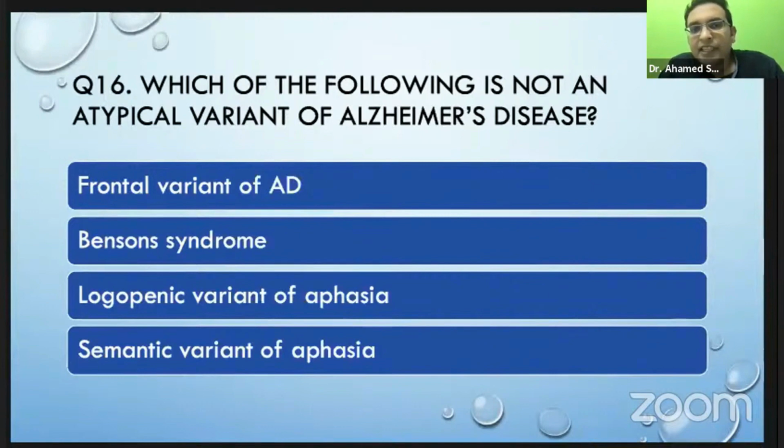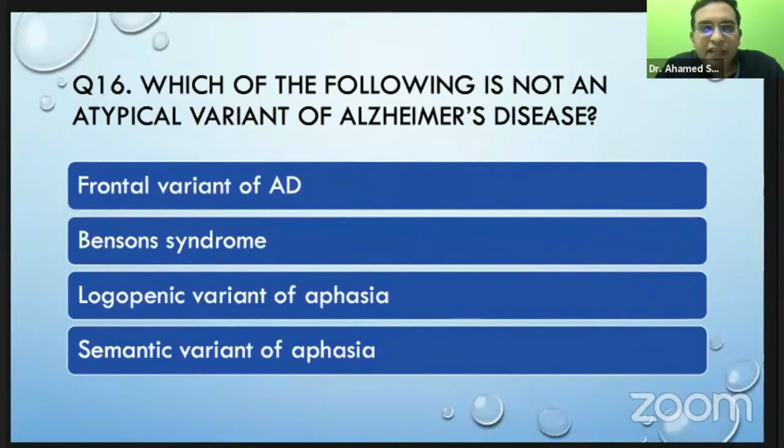When there is a change in this pattern, if the occipital lobe gets affected first, or if the language area gets affected first rather than memory, or the frontal area gets affected rather than memory, then we call it an atypical variant of AD, because the pathology will be a Lewy body pathology. That is why we term it an atypical variant of AD.